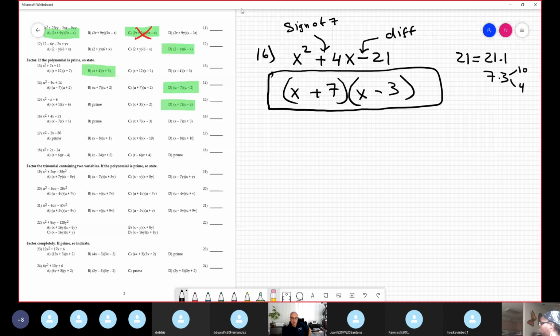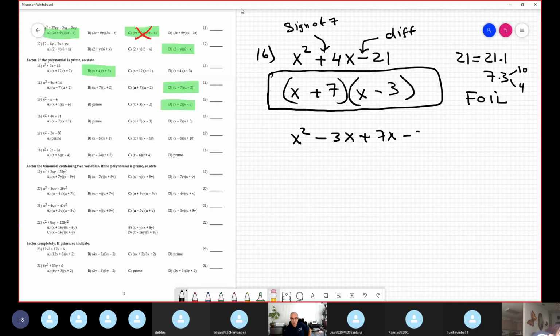We are doing it in 2 seconds. Now, just in case, to make sure, you FOIL. In this case, checking is not extremely important, but in the special cases, yes, because sometimes the sign is confusing. In this case, it's super straightforward, but in the special cases, no. So now you FOIL. x times x is x squared. x times minus 3 is minus 3x. 7 times x is plus 7x.